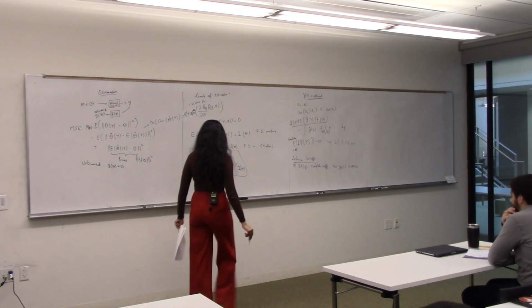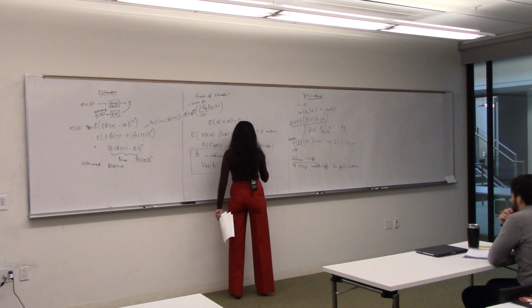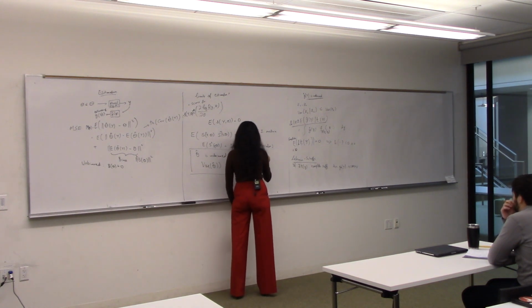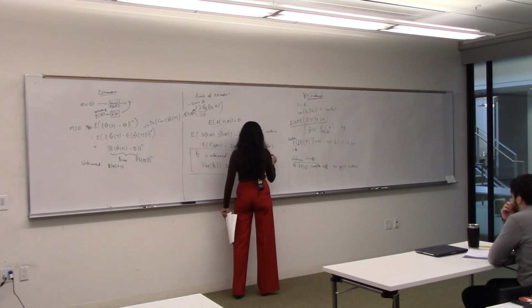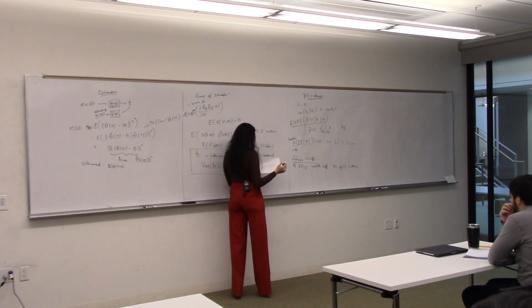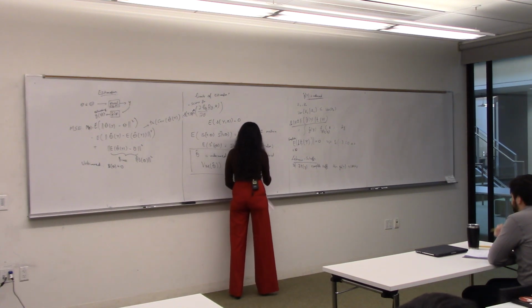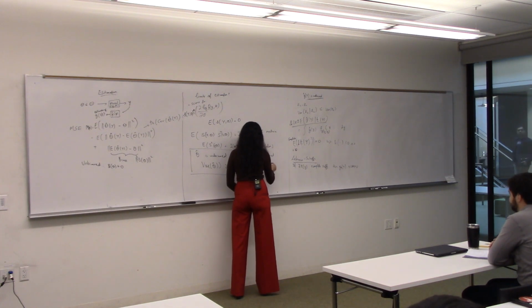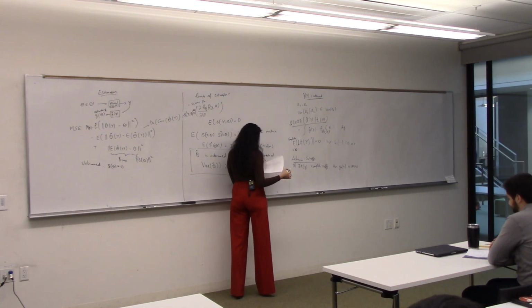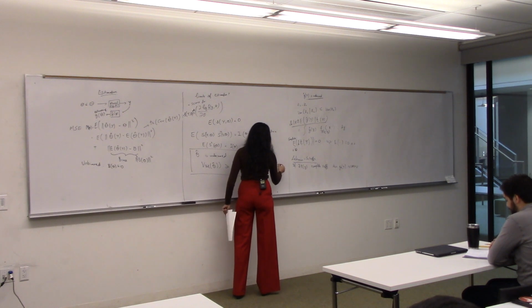If it is biased, but you have a bound on the bias, even then you can say the variance is bigger than, if you recall, we had the bias square.